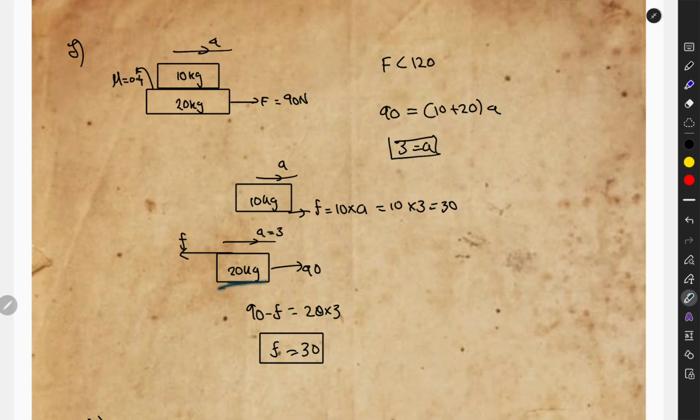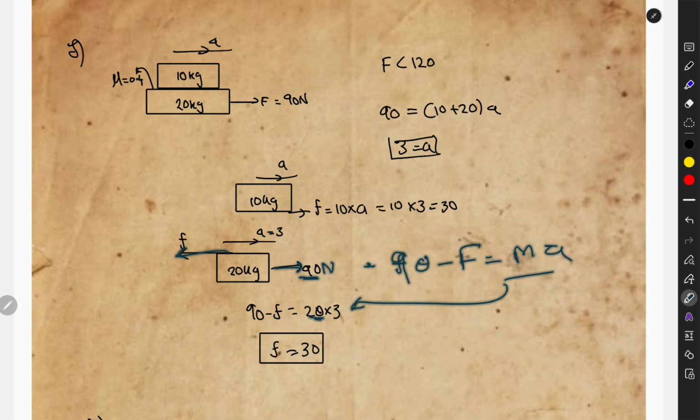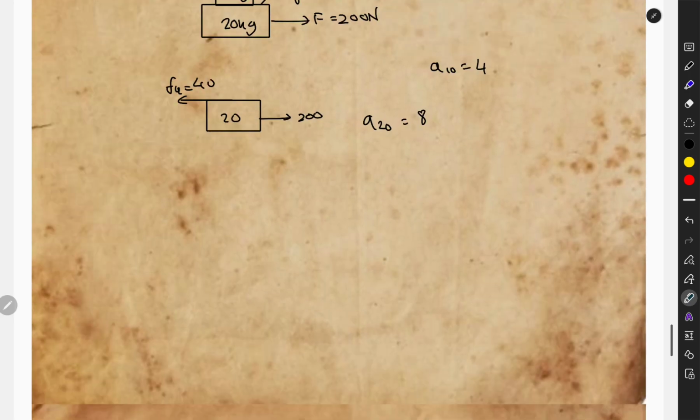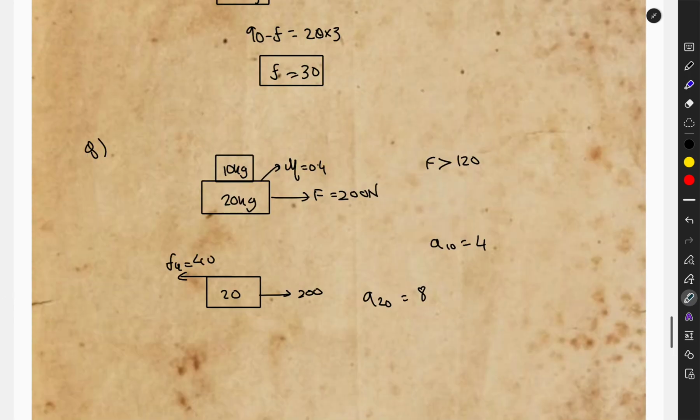Now for the 20 kg block, 90 newton is applied, and friction is applied in this direction. So 90 minus F will be equal to m a, right? So apply this here, and you will get the friction value equal to 30. Yeah, this is the last problem.